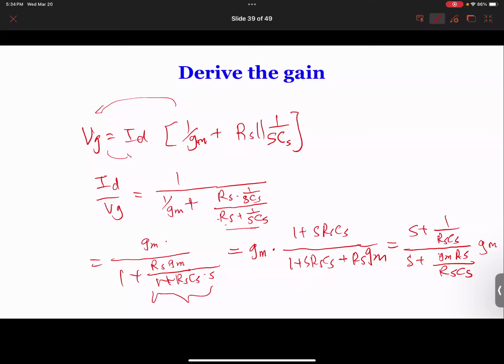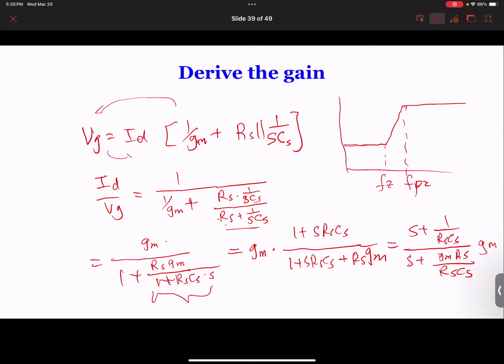And then when S is very big, you can neglect this one, S over S equal to 1. So in this case, you will have your gain curve like this. Initially it is constant, and then it increases by this. And this is your FZ. This is your FL, maybe FP2, like what we call it. That's how you get it.